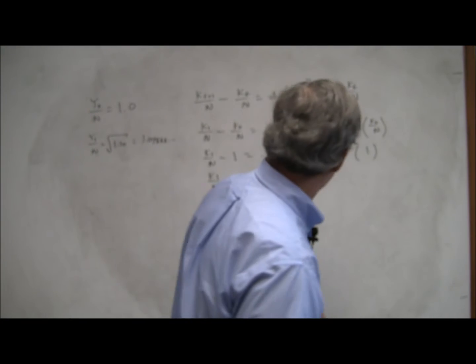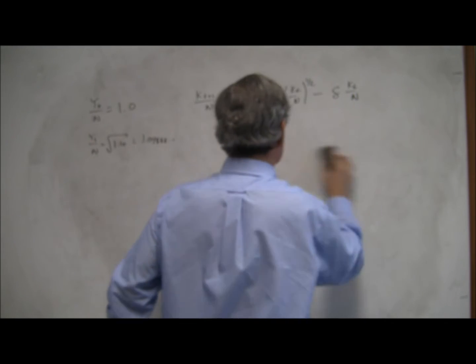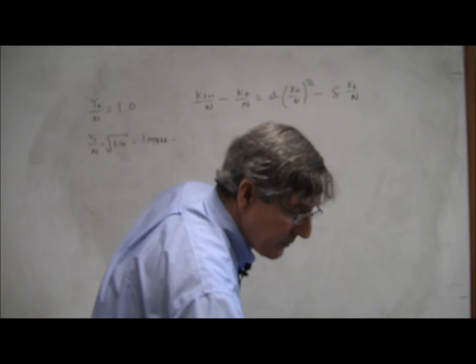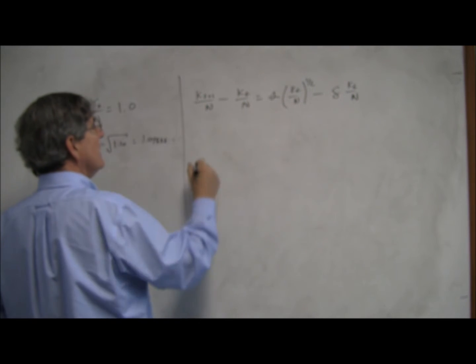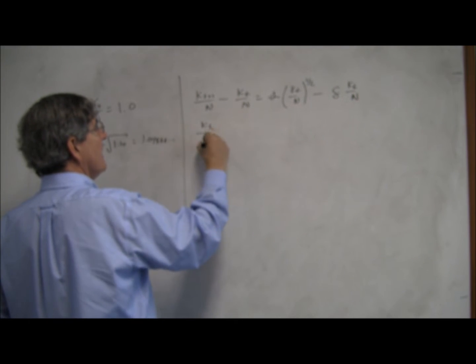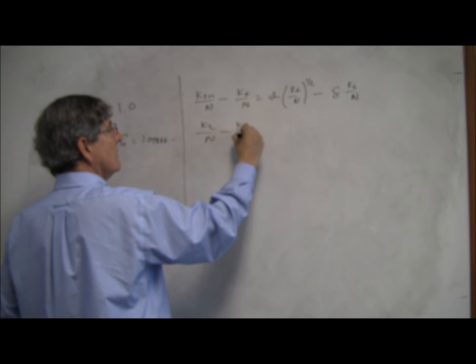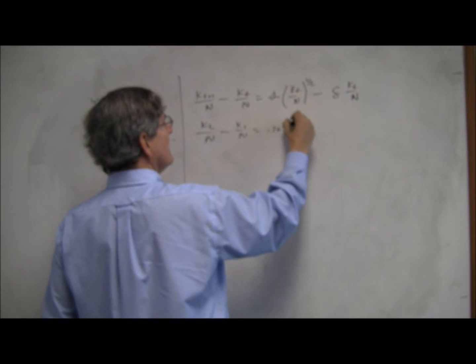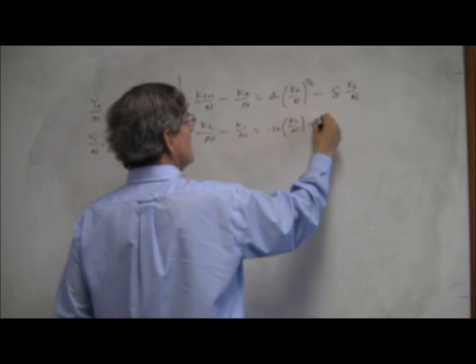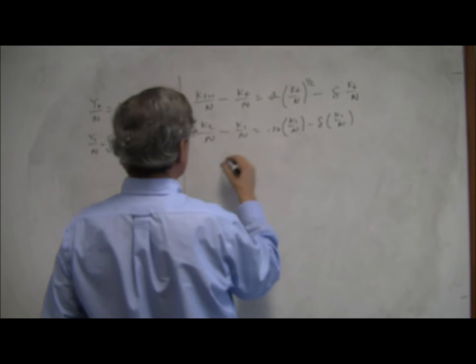Now we can iterate again and find k2 over n. We know what k1 is. Now we can find k2 using this. So k2 over n minus k1 over n is 0.20 times k1 over n to the 1/2 minus delta times k1 over n. Well, we know what k1 over n is.